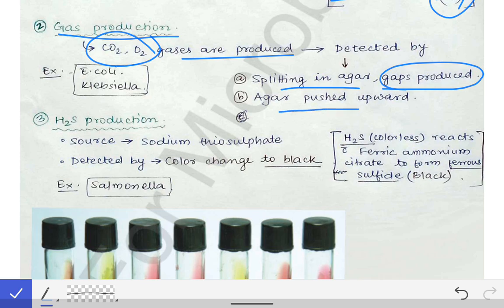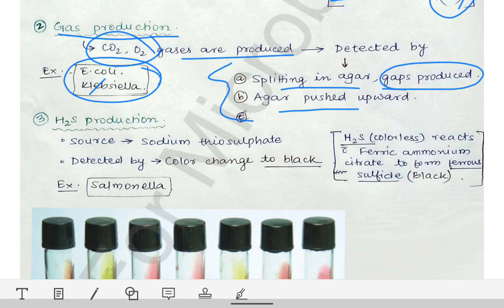And sometimes we see that the agar is pushed upwards, so there is a gap produced at the base of that test tube, that also means that the gas has been produced. So these are the two indicators by which we detect whether the gas has been produced or not. The gas producers, for example, are E. coli and Klebsiella. These are the two gas producers.